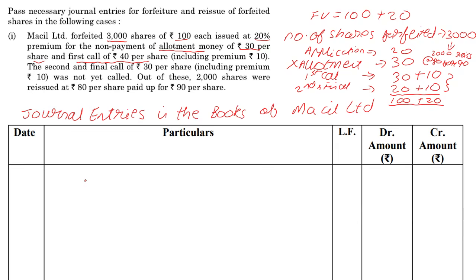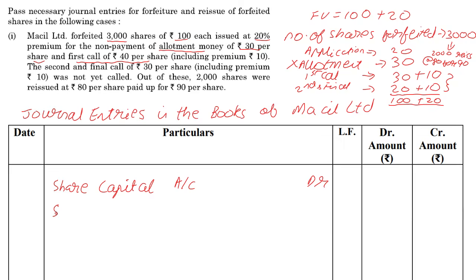We can now pass our entries. Whenever we are cancelling shares, it's going to be share capital account debit. If it is for premium, then securities premium will be debited if the securities premium hasn't been paid, and it is very clear that it has not been paid.